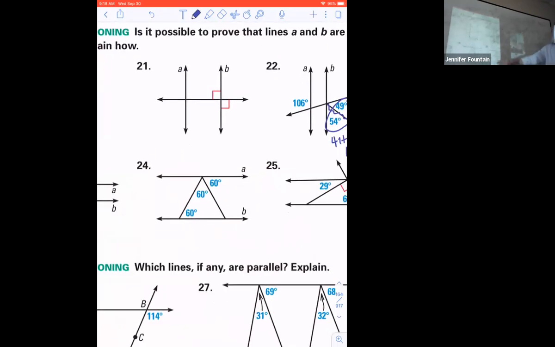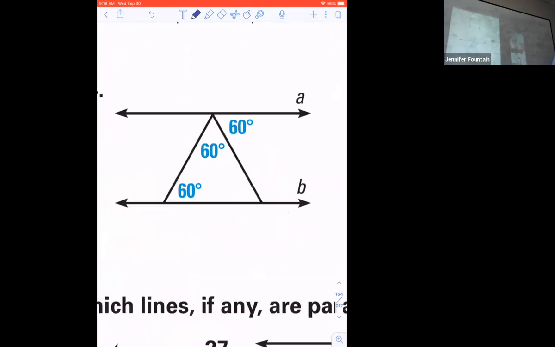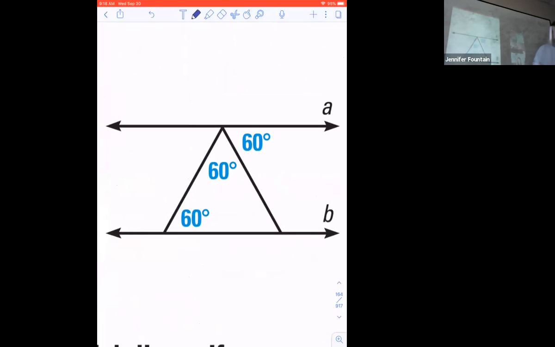All right, let's take a look at 24. Again, we're trying to see if we can prove A and B are parallel. All right, so what do we know about these different degrees here? Okay, if I'm looking at this angle measure here, what would be my corresponding interior measure with it?